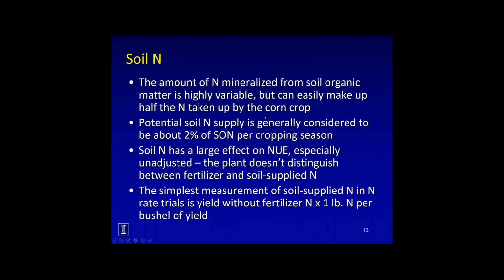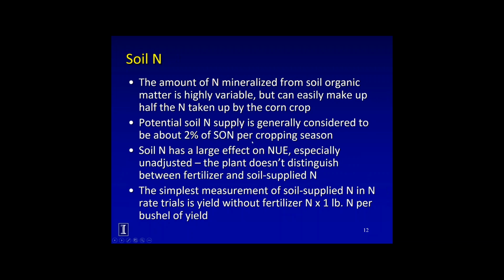Soil nitrogen is what we'll move on to a little bit. The amount of N mineralized from soil organic matter is highly variable, but it can easily make up half of the nitrogen taken up by the corn crop. Potential soil N supply is generally considered to be about 2% of the soil organic nitrogen per acre per cropping season.